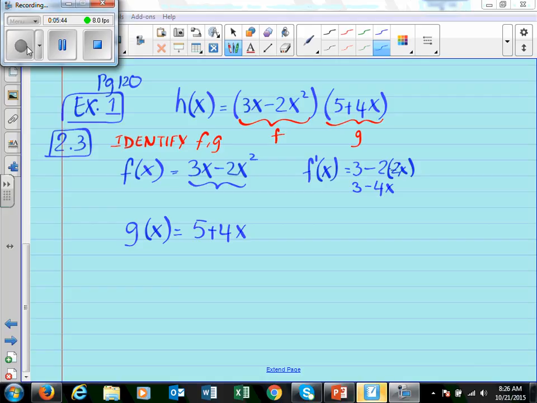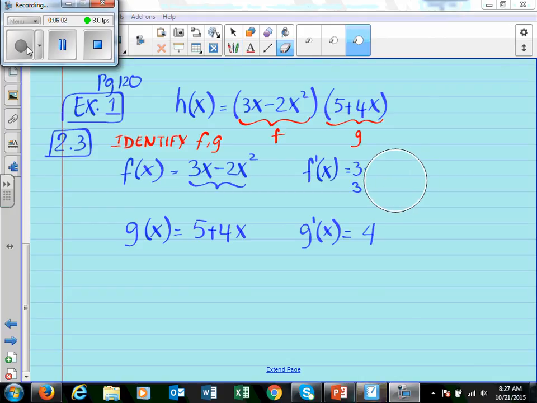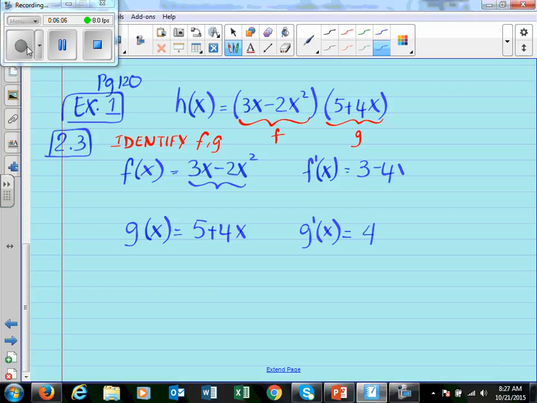Now g prime of x. The derivative of 5 is 0, you don't need to write that, plus 4 times the derivative of x, which is 1. So g prime of x is 4. Why is it 4?